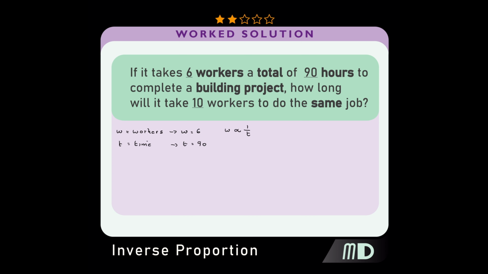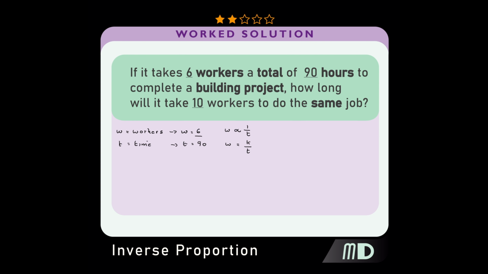So, W is inversely proportional to T. Introducing a constant of proportionality, K, we can rewrite this as W equal to K divided by T. And using the values of W and T given to us in the question, find K.